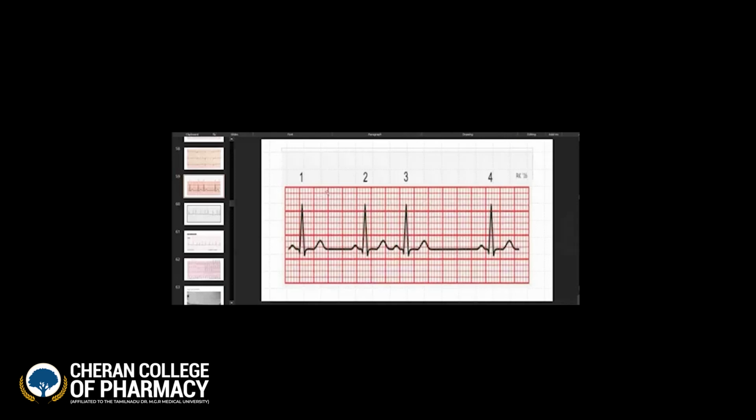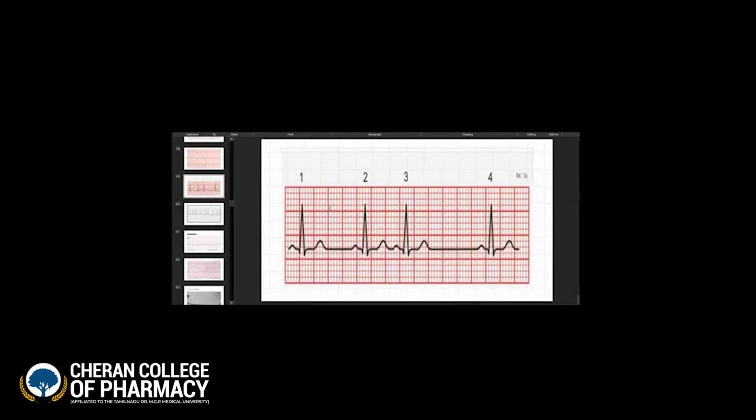So the thing is, from R to R interval, from the first R to the second R, how many small squares are coming? Not in one big square, we have to follow the linear, horizontal pattern. See this cursor: 1, 2, 3, 4, 5, 6, 7, 8, 9, 10, 11, 12, 13, 14, 15, 16, 17, 18, 19, 20, 21, 22, 23.